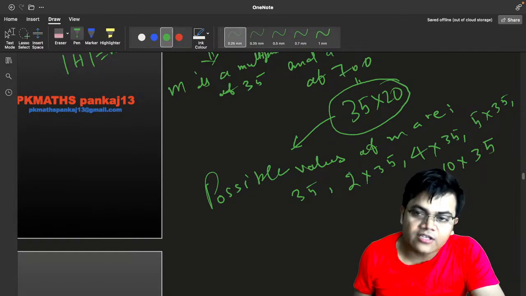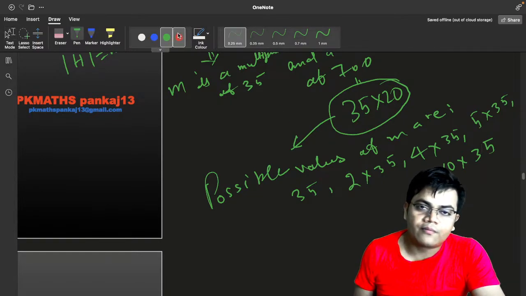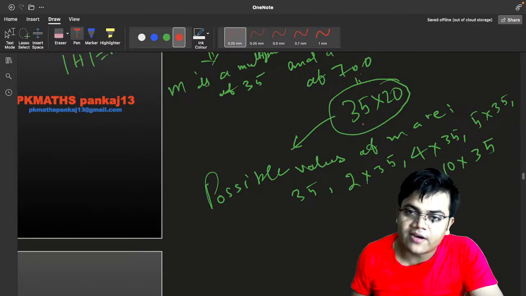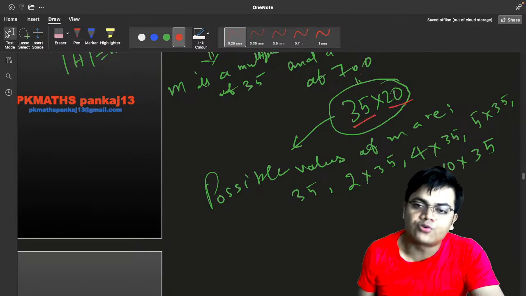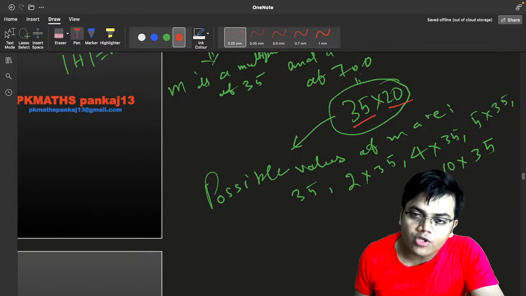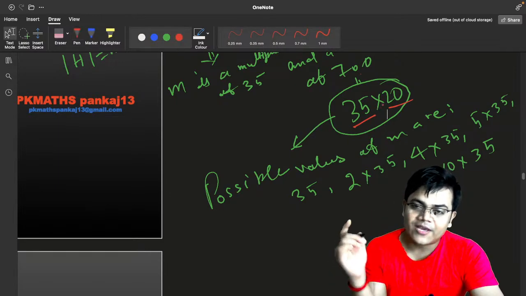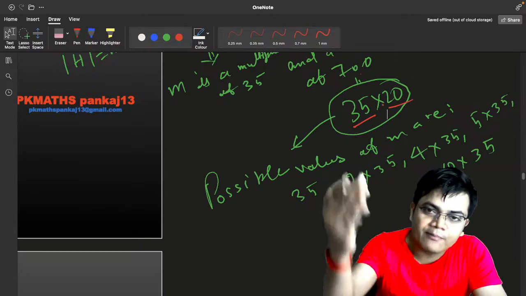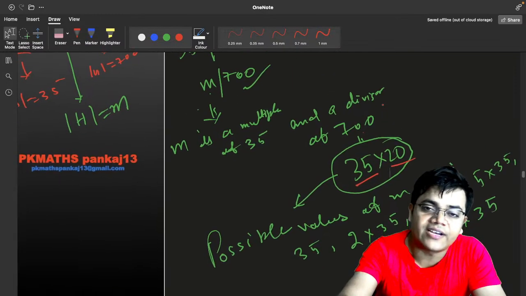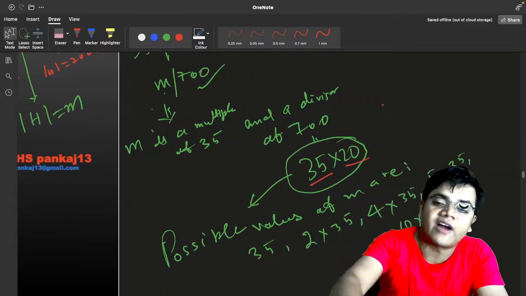So these are the possibilities, because 700 can be written as 35 into 20. So the possible values of M: M can divide this 700 and will be a multiple of 35 as well.